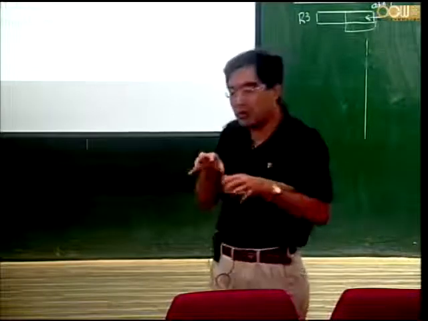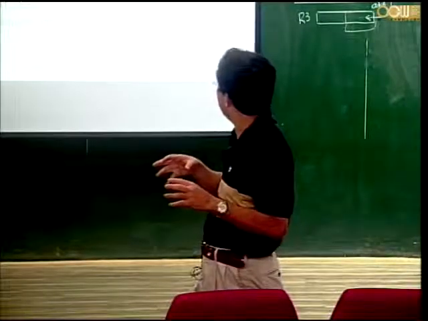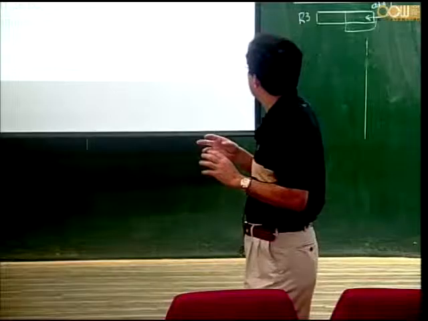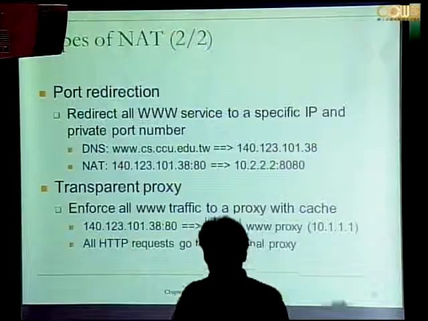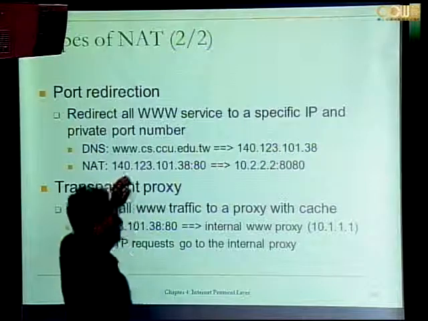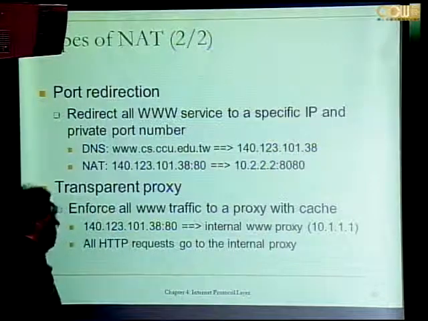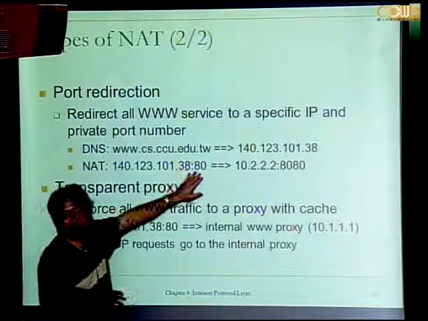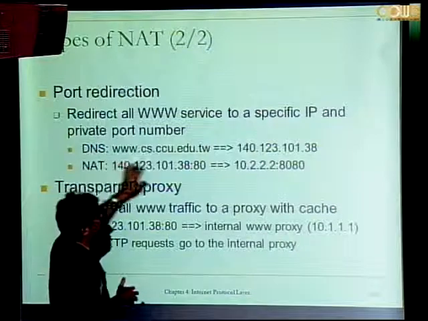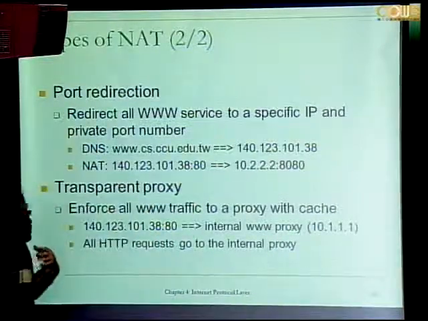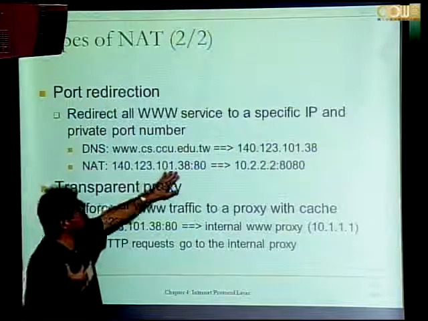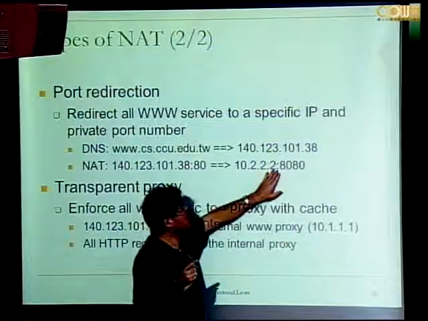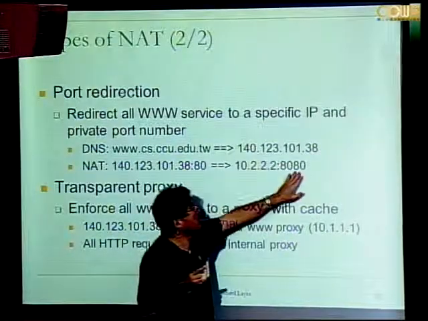So what you do is configure on the NAT, saying, if there's a packet sending to this destination, I mean, the public IP address of the NAT, but with port number 80, then it should be forwarded to this host with this port number.